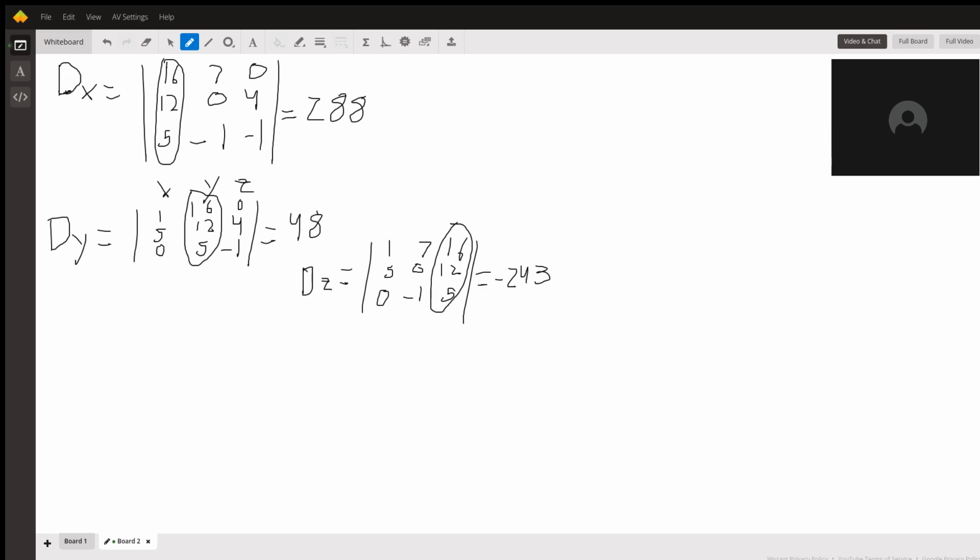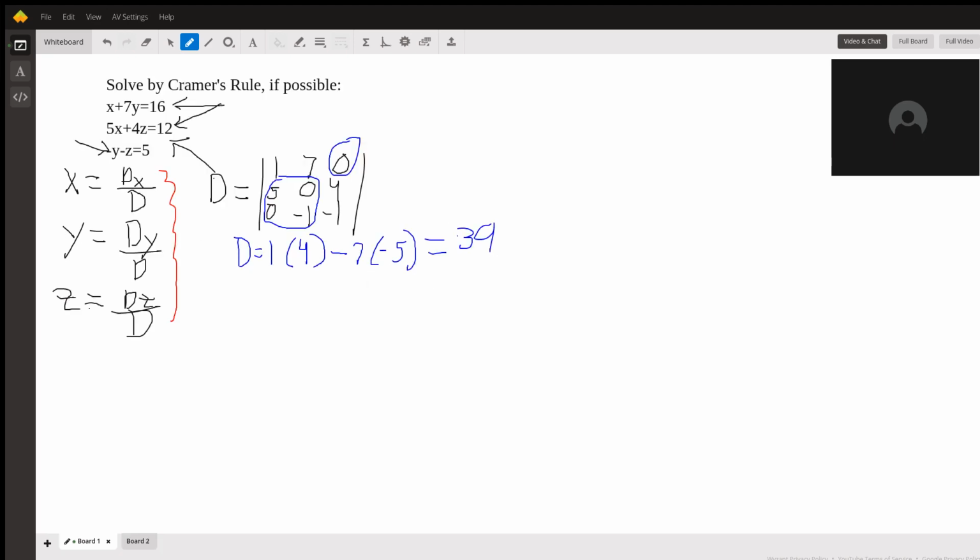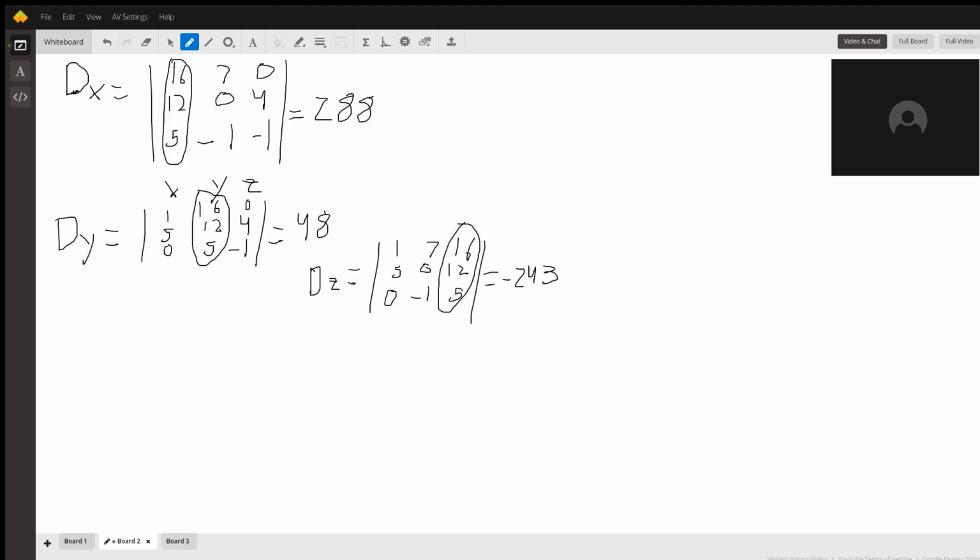All right, last step. x is going to be d of x over d. So d is 39. So x is something over 39. We already found that something.